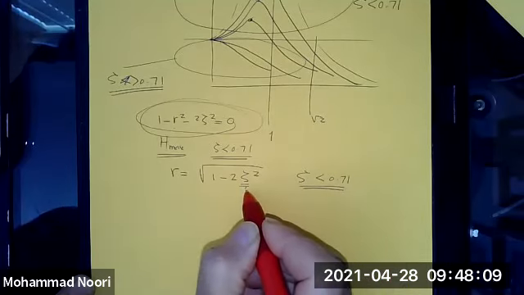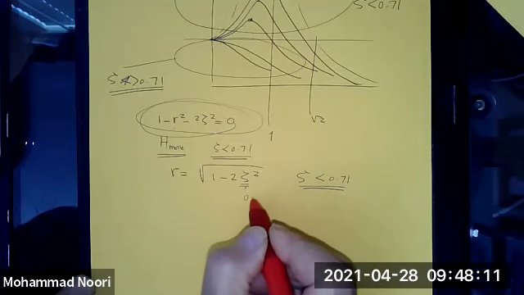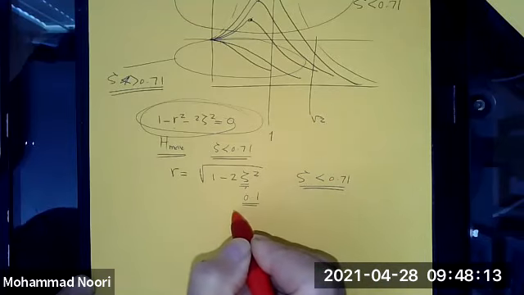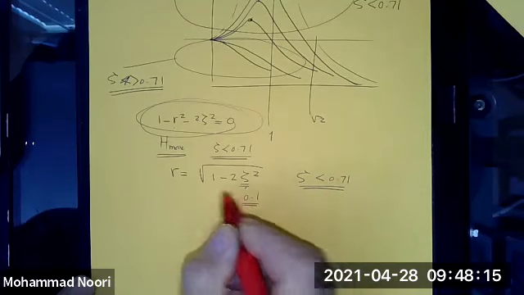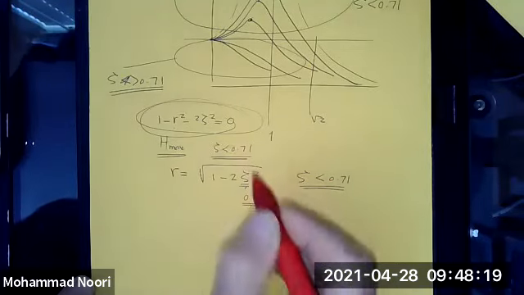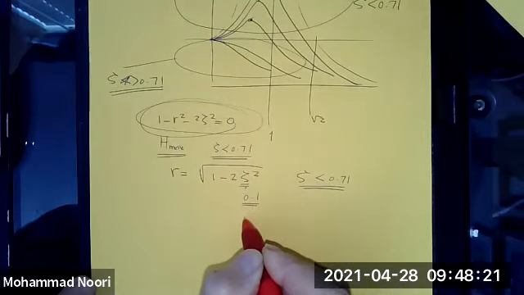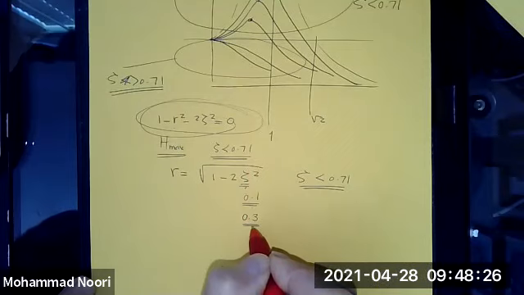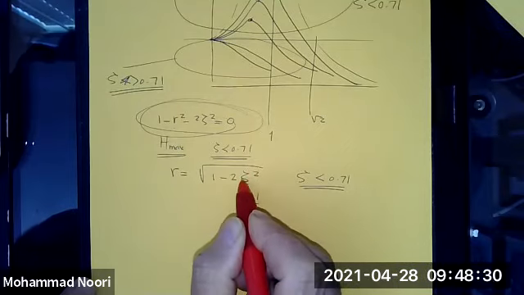If zeta, let's say, is 0.1, the R value is going to be greater than R for 0.3. Just substitute in here.